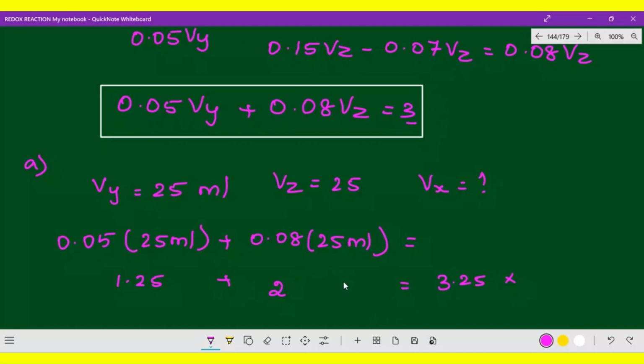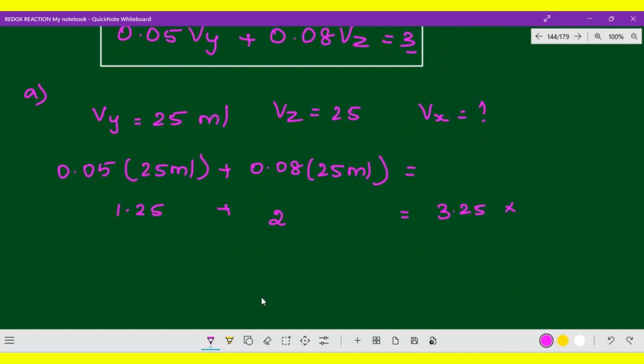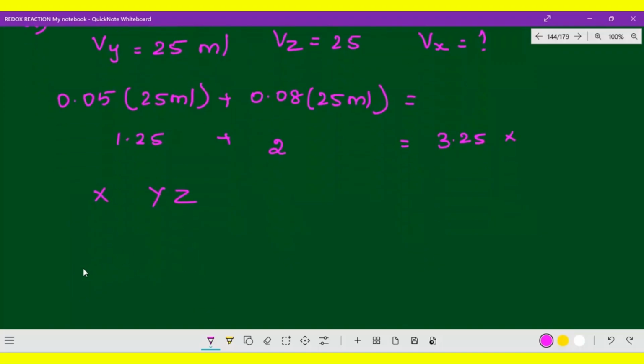Right, it's the same way. Suppose you apply this value, so Vx, Vy, Vz, X, Y and Z, I think you got an idea how to identify. So X, suppose 100 minus 25 minus 25, so how much will you get? 50, right?